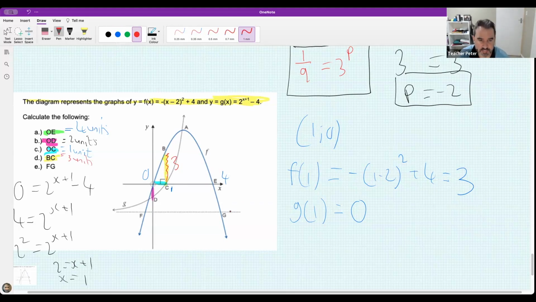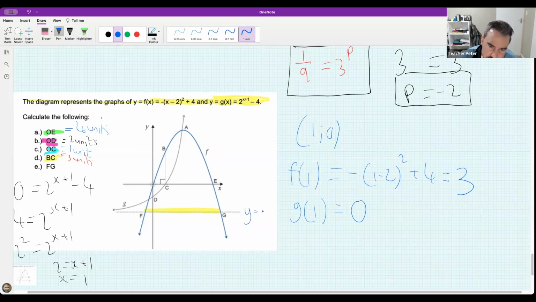Okay, last one. FG. Where is FG? I don't even see an F. I wonder if that's a typo. Oh, no, there it is at the bottom. It's hiding. Okay, so FG. Now, what I do see is it's on the asymptote of this thing here.